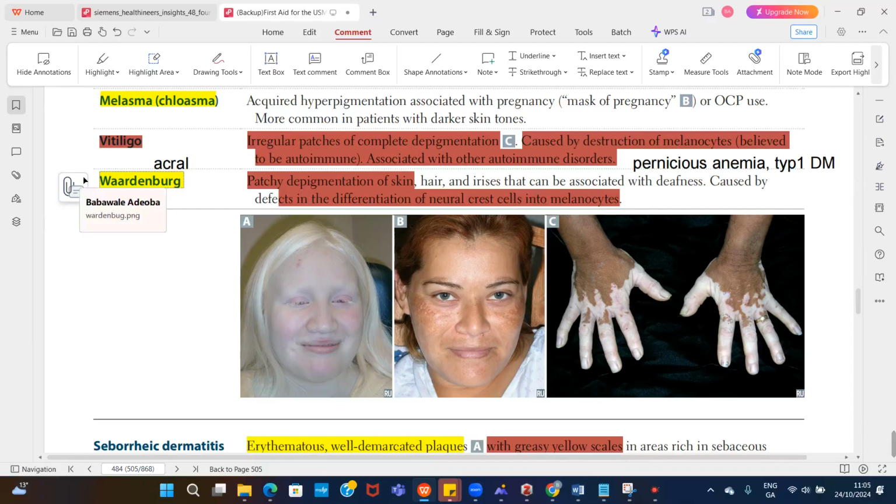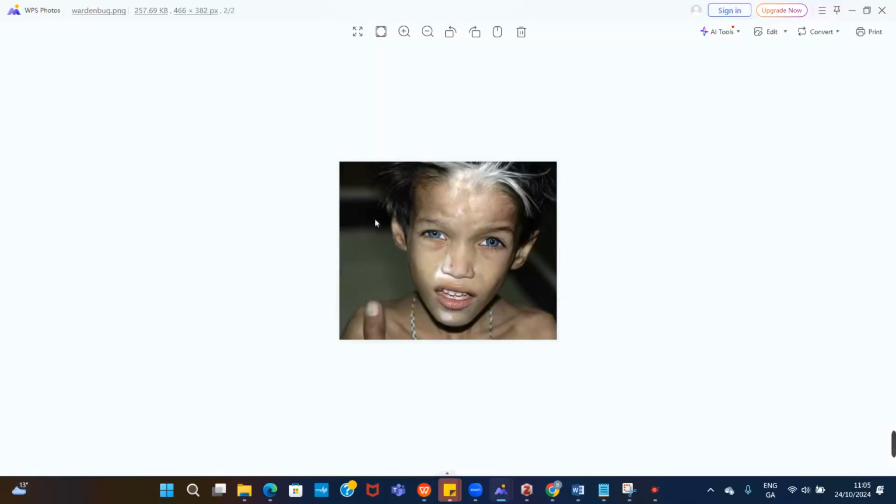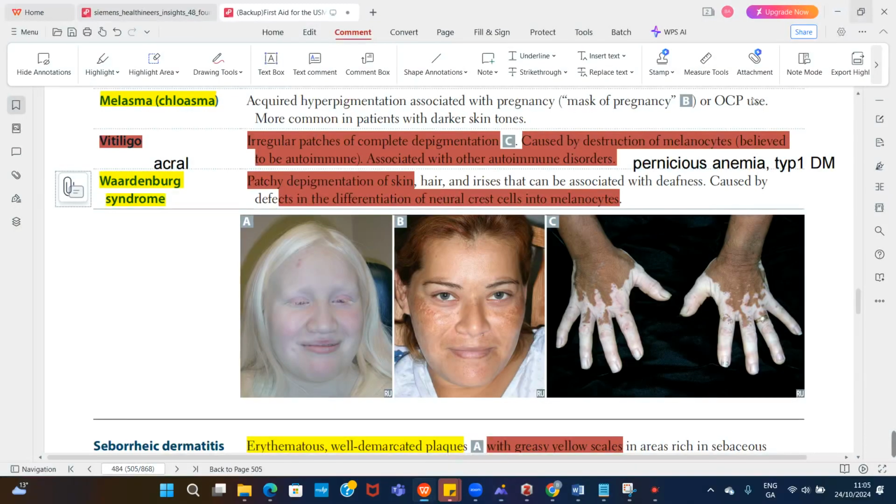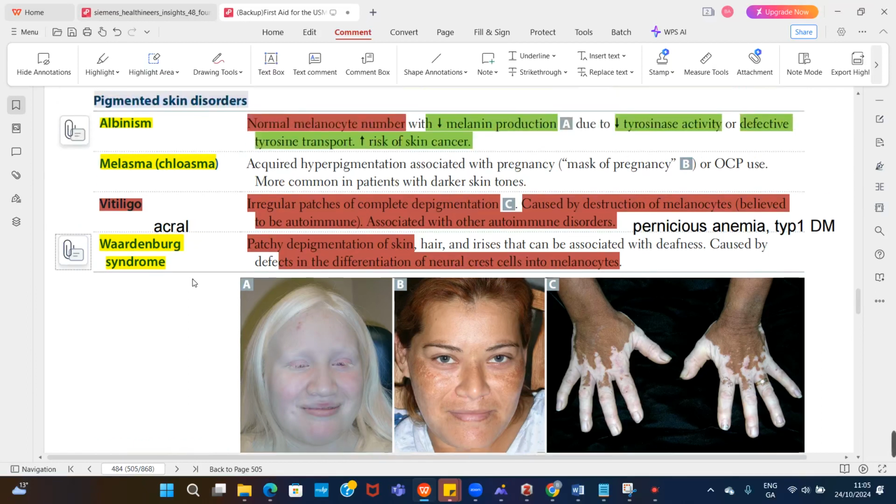But because of the failure of that happening, you tend to have some of these manifestations, which include the poliosis, the blue eyes, and the sensorineural deafness, because some of the ossicles also come from the neural crest, and the nerves that help in hearing also come from neural crest migration. So if that fails to happen, the individual can have sensorineural deafness, and they can have cleft palate, although this patient does not have it. They can have neural tube defects, and they can have Hirschsprung disease.